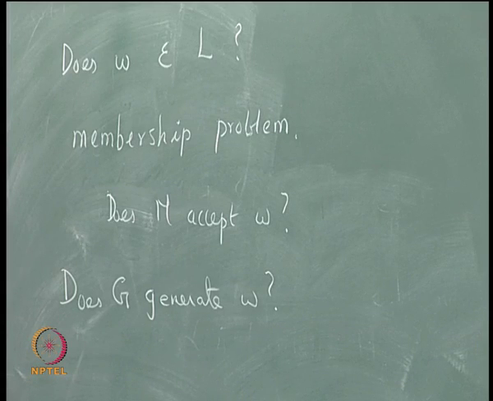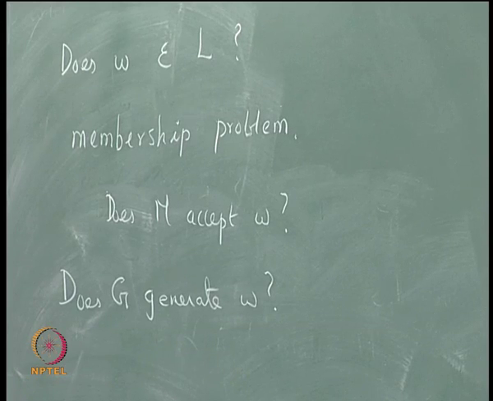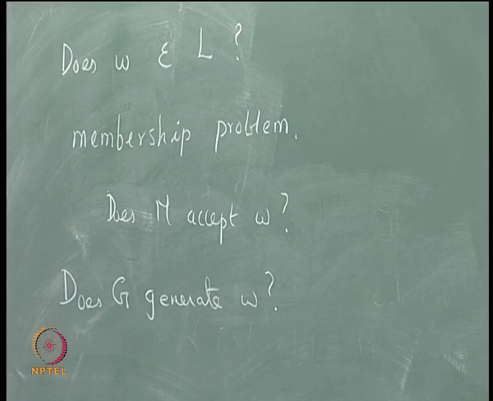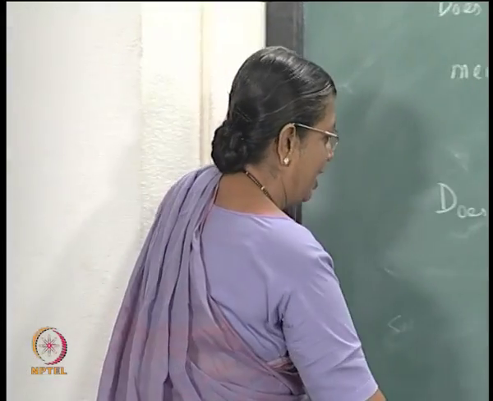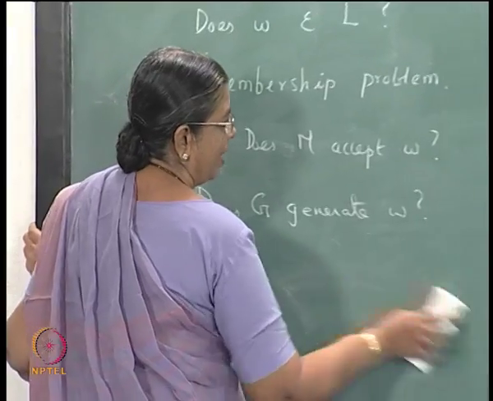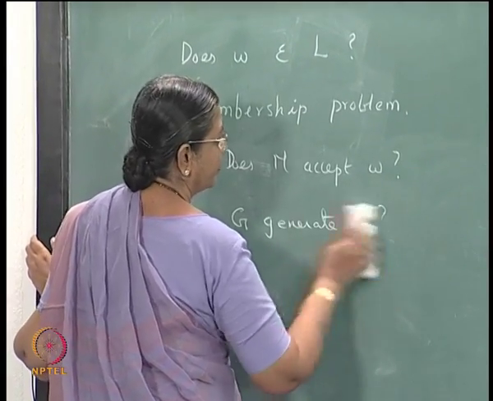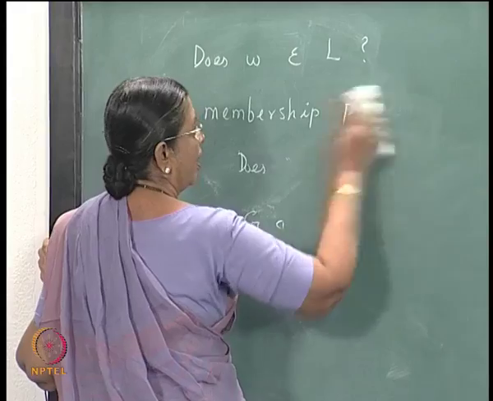Whereas the membership problem for context sensitive languages is decidable. For context free languages it is decidable, and for finite state automata or type 3 languages it is decidable. The question is how much time it will take to find out whether W can be generated by a grammar, if it is right linear, if it is context free, and so on.